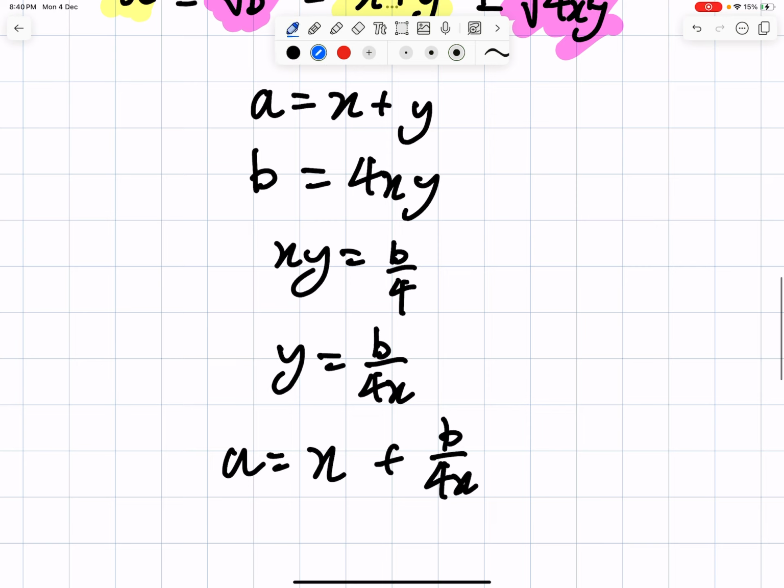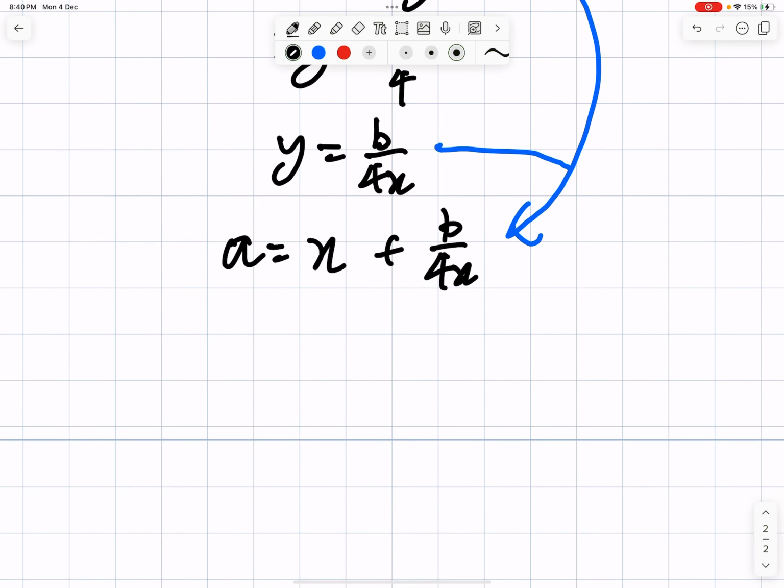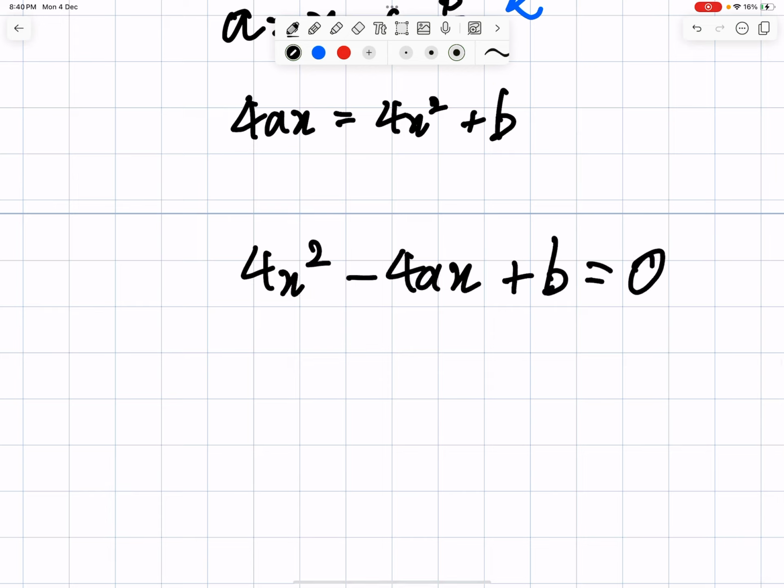We make the substitution from here to here, and then we will convert this into a quadratic equation, which is basically 4ax equals 4x squared plus b. Simplifying this further, we will get 4x squared minus 4ax plus b equals 0.